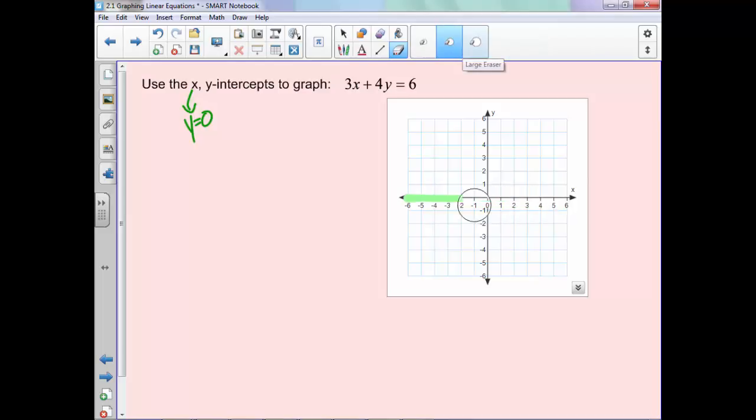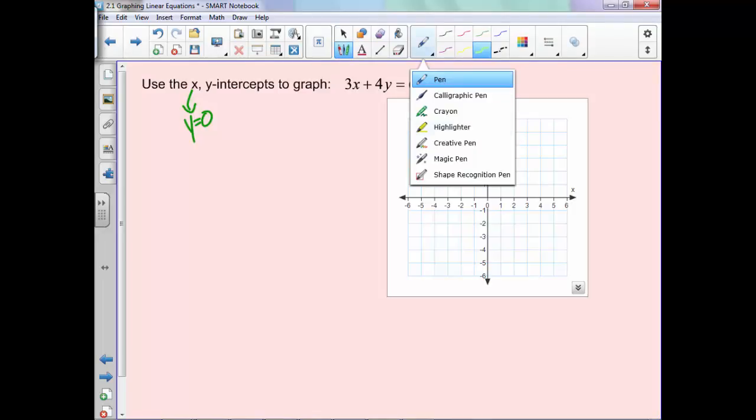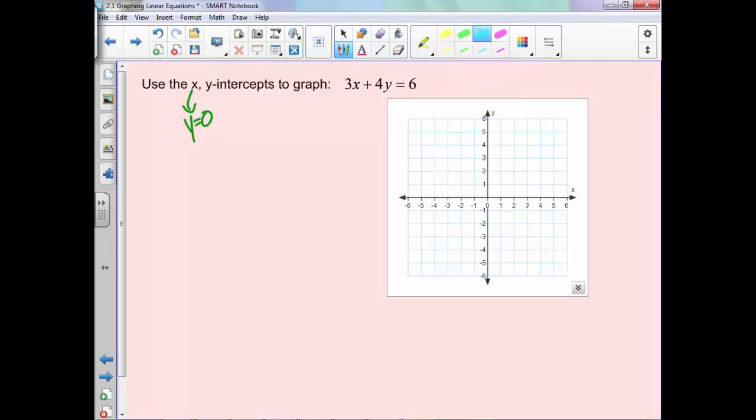And now, along the same lines, if we have our y-intercept, that's where it crosses the y-axis. And so notice your x is not going anywhere, so your x value is 0. So we'll use those ideas to graph by intercepts.